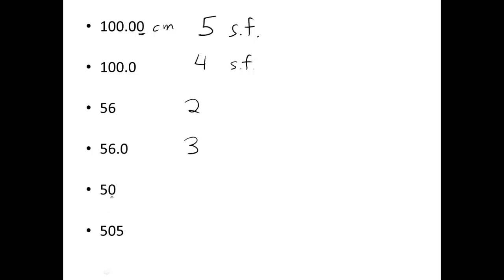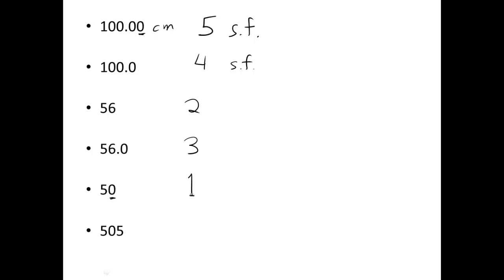Now here, there's no decimal. And because of that, this is one of those rules we'll talk about in a second, that 0 is not significant. If we're saying 50, just 50, it could be 51 or 52 or 49 or 48, etc. Okay, only the 5 is significant here.